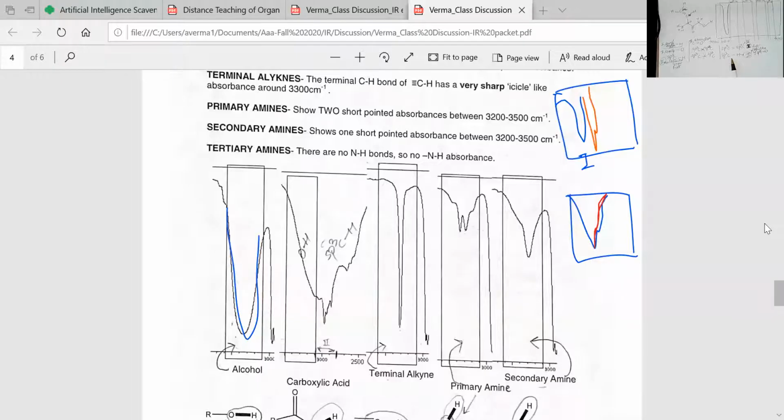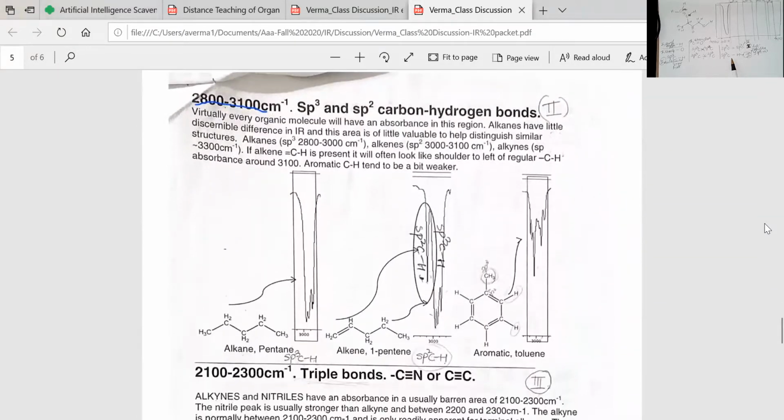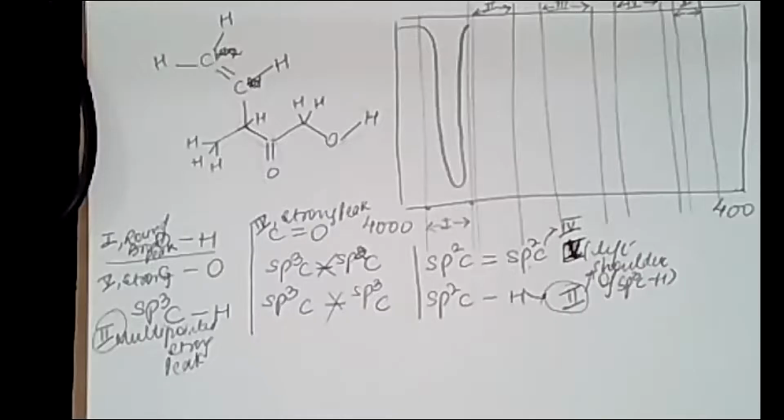In my packet, I will jump to the second region. And this example right here shows me how I draw my sp3CH and my sp2CH peak on the IR. What should it look like?